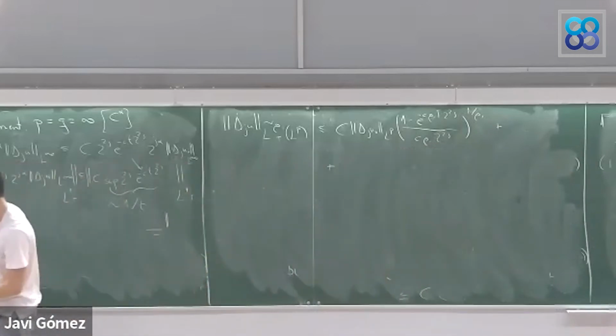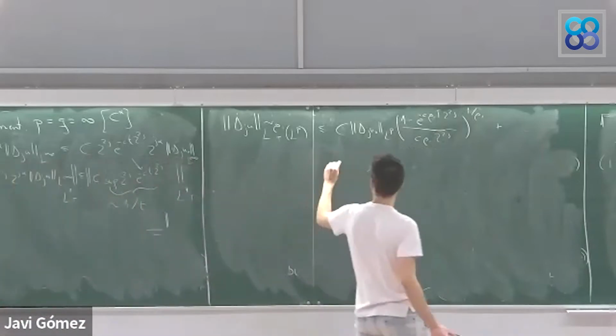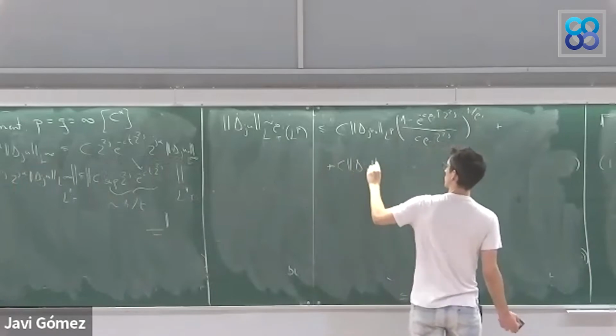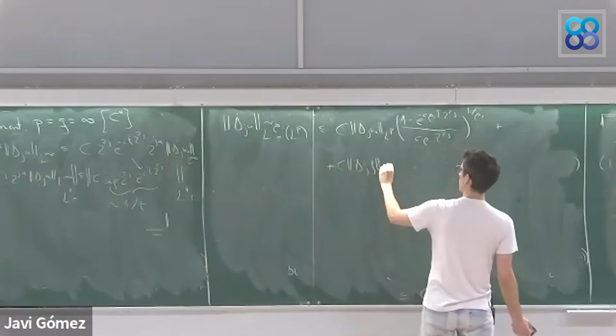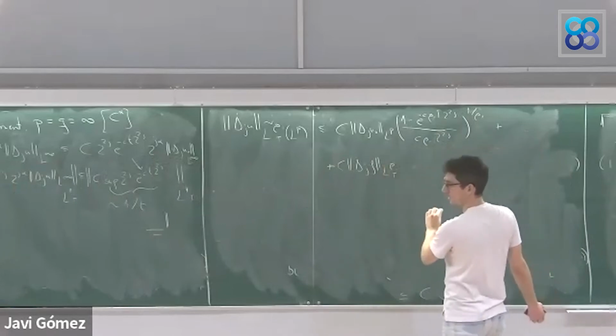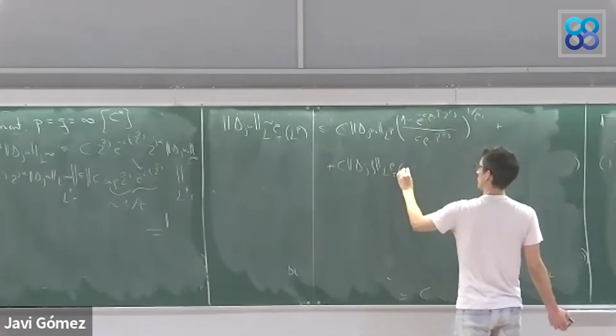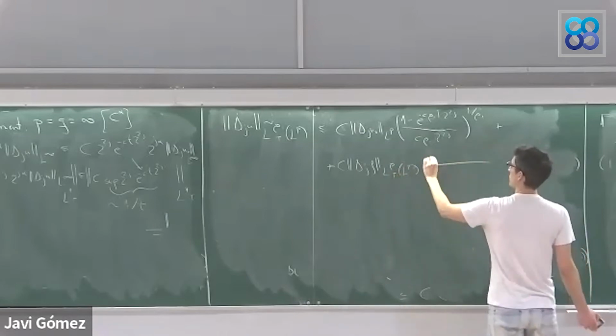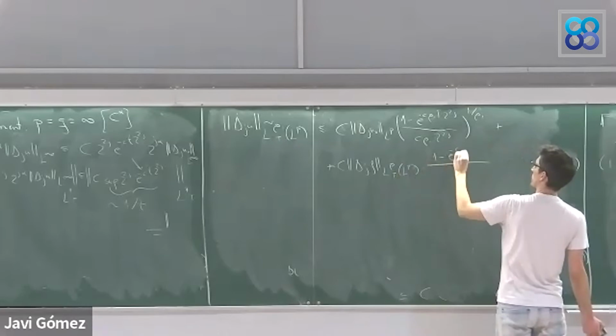And the second term is the convolution. So I take the L row 1. The part we take it again.